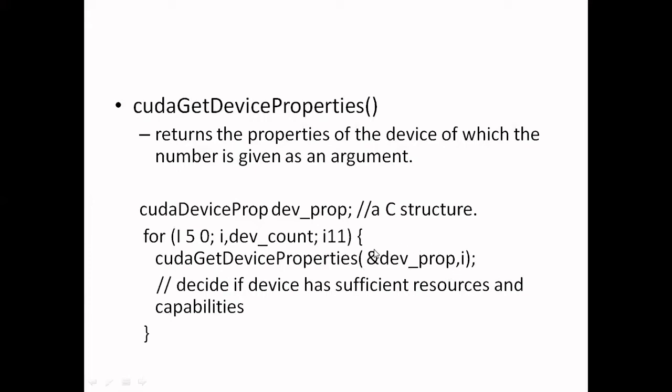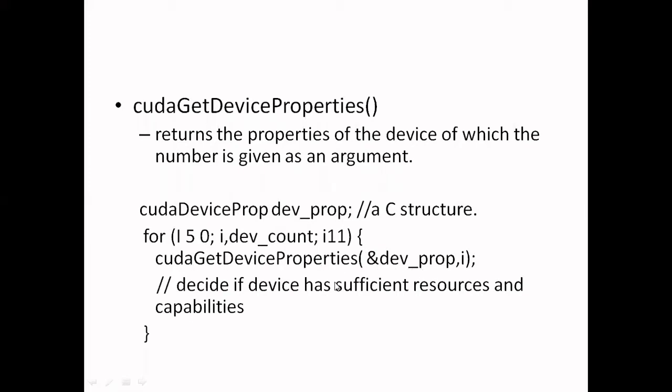This is a variable where the device properties will be set, and here you are giving an integer showing which device's properties you want. This is the device number, I should say. For this particular device, you are asking for the properties.